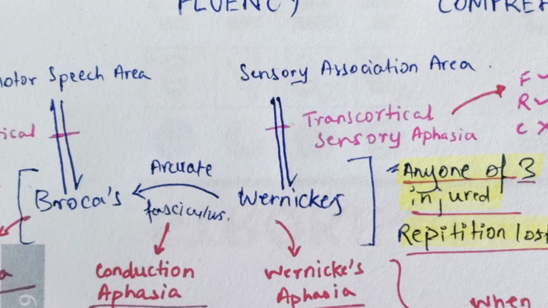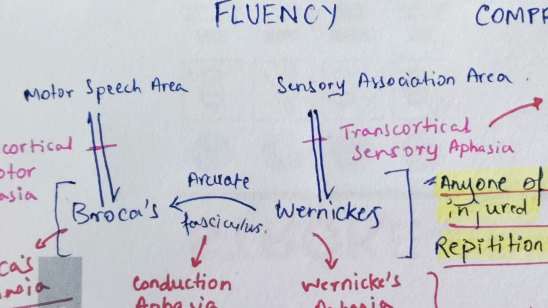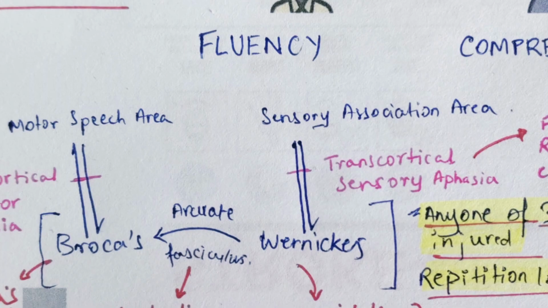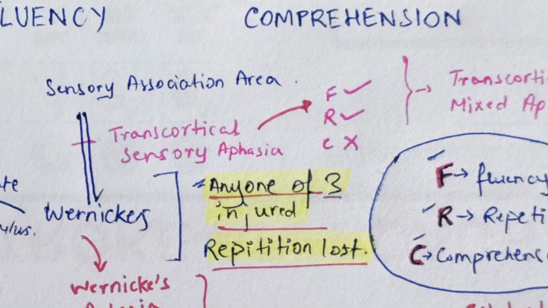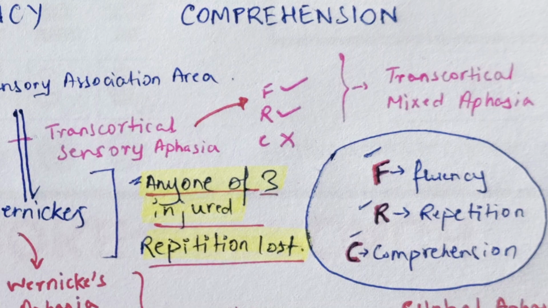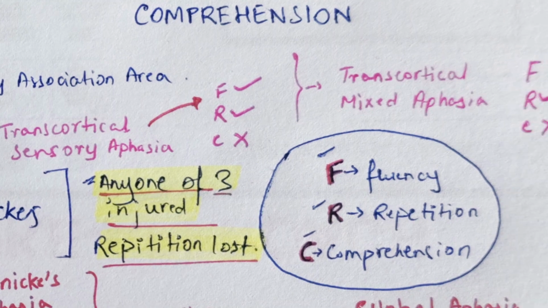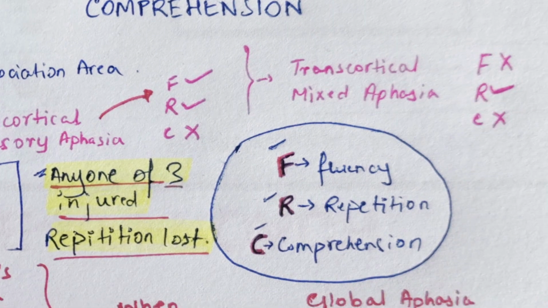You will have fluency because Broca's is normal, and comprehension loss because Wernicke's is affected, and repetition is present. On similar lines, if there is loss of the connection between the motor speech area and Broca's area, we have transcortical motor aphasia, where Broca's area is hindered. We'll have loss of fluency, but preserved repetition and preserved comprehension because of functional Wernicke's. And a very rare, extreme variety is transcortical mixed aphasia, where we'll have only presence of repetition, whereas we lose fluency and comprehension.